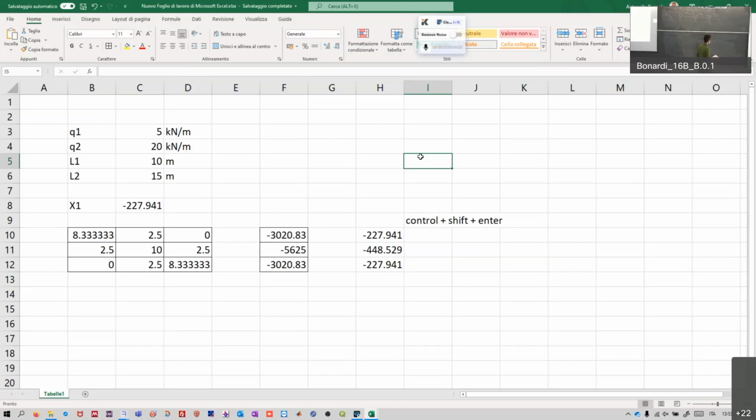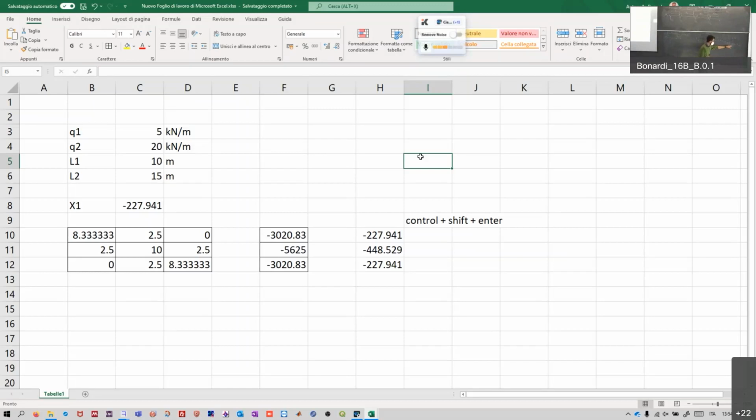But the bending moment varies from the minimum value, that is 0, because we have X equal to 0 in the node A, and this term is 0, this term is 0. This other term is VA times L1 minus Q1 times L1 to the power of 2 over 2.